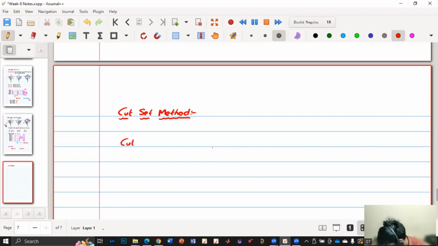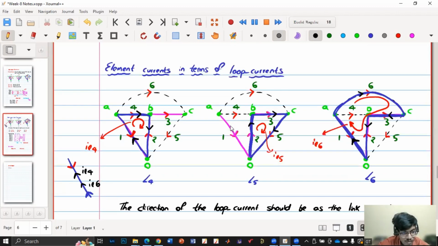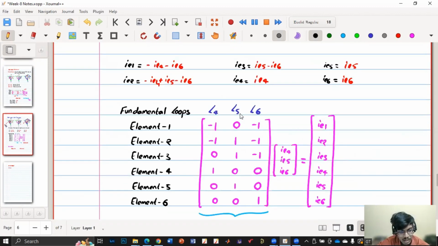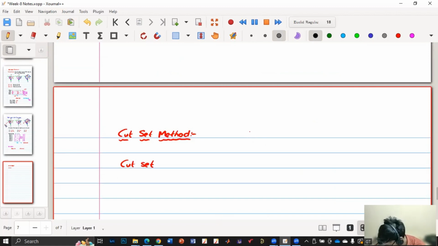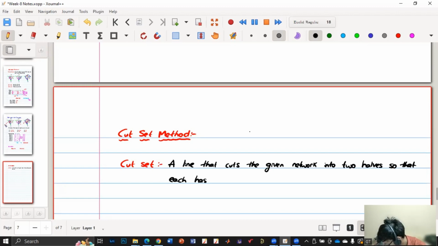First we will define them, and then we will come back and understand using equations. A cut set is a line which breaks the given network into two halves so that each half has at least one node.